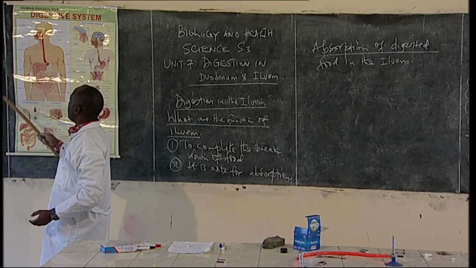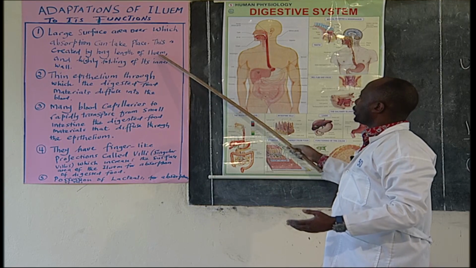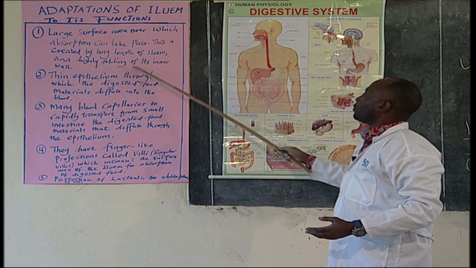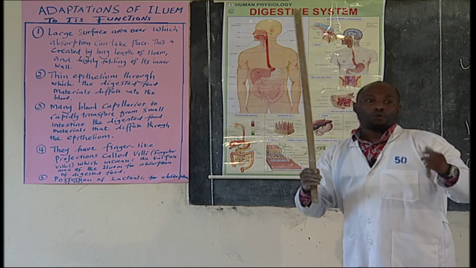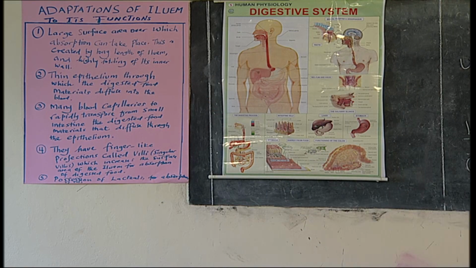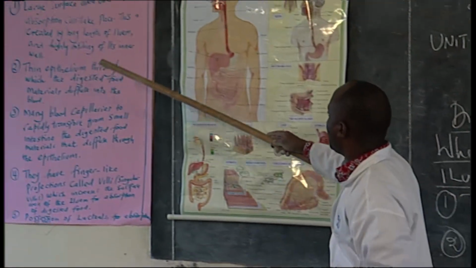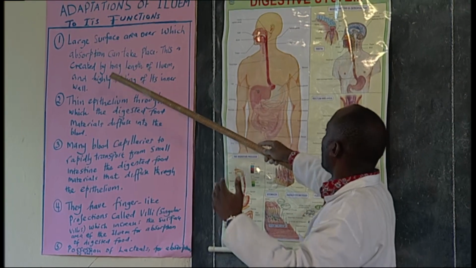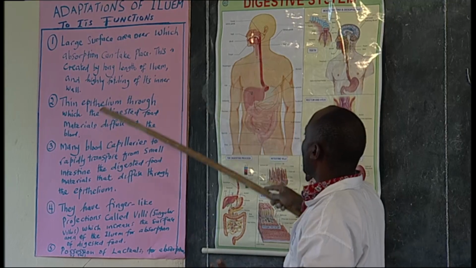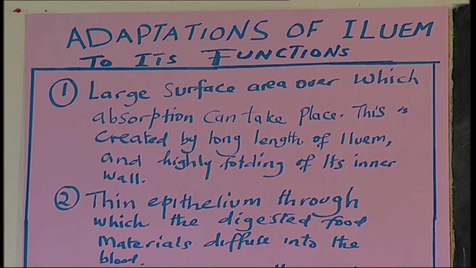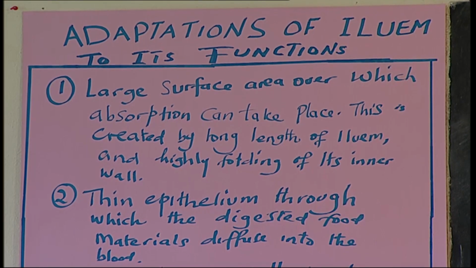This is created by the long length of the ileum and the highly folded inner wall. You can even see on the diagram that the inner wall is folded, so that creates a large surface, enabling absorption.